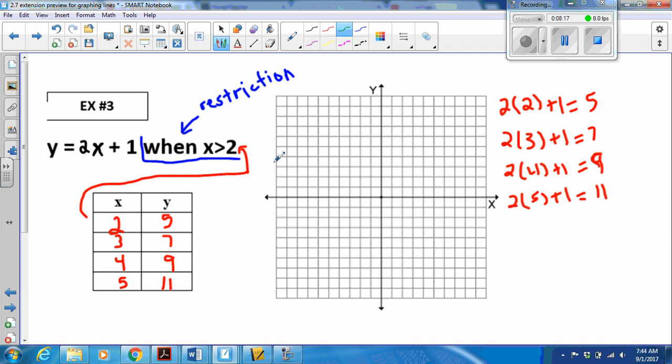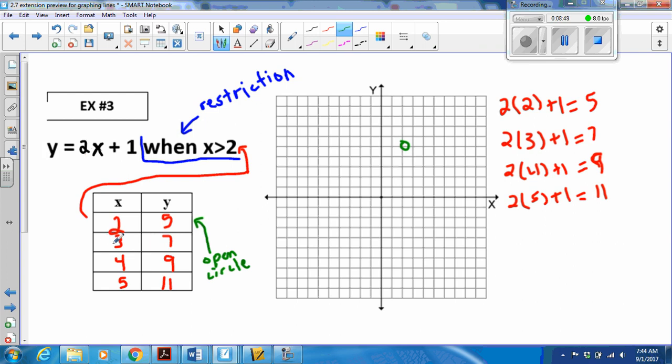Because we don't have an equal bar, the point (2, 5) is going to have an open circle. Whenever we did not have an equal bar, our points were always open. So when we plot (2, 5), going 1, 2, 3, 4, 5, make sure you have a nice open circle, not closed, but nice and open.